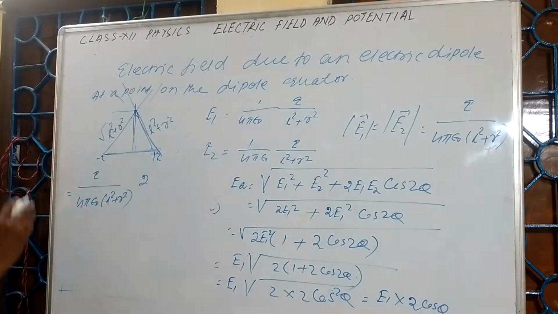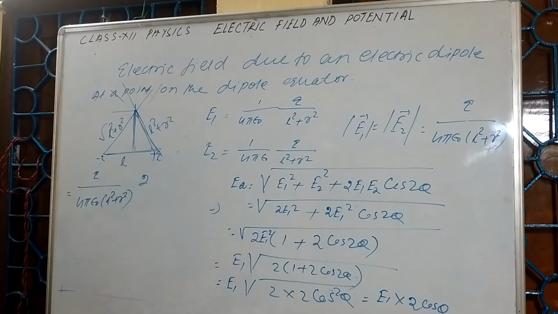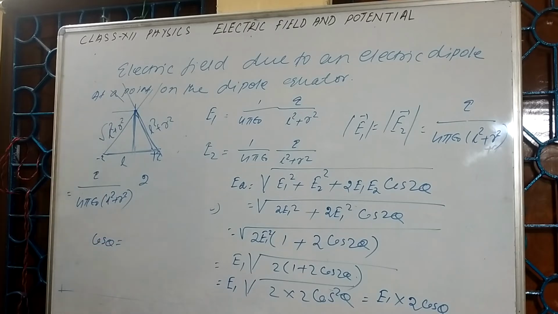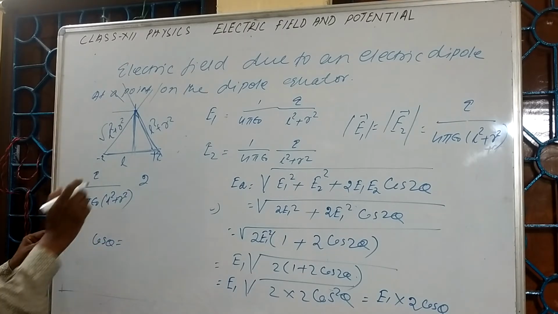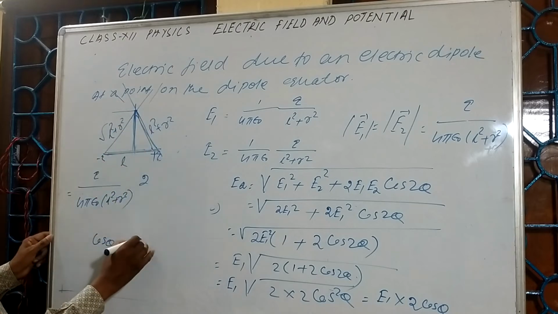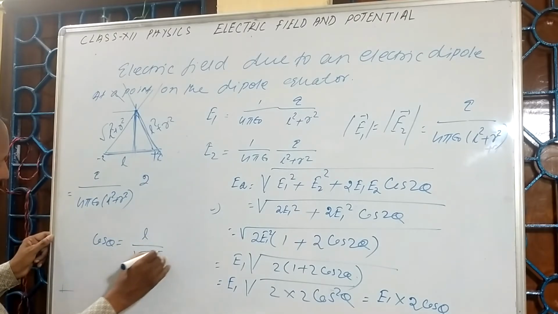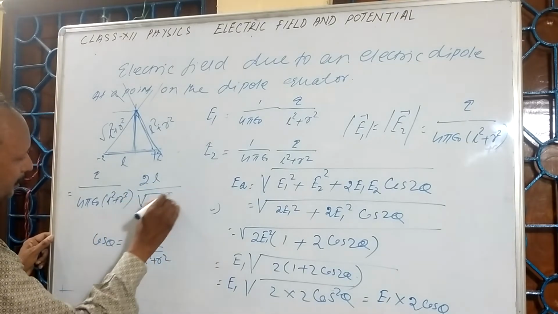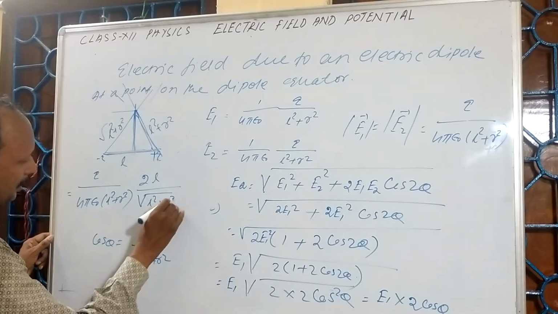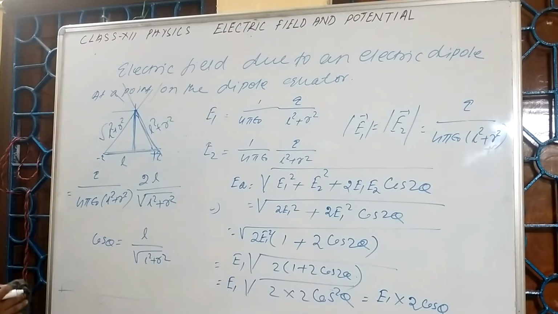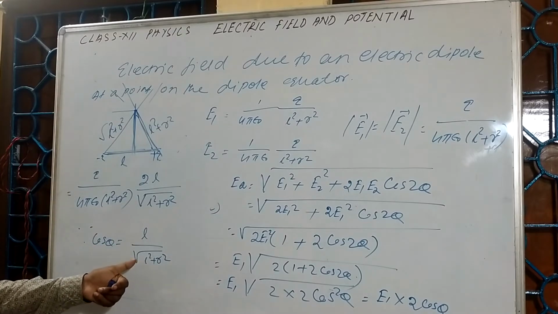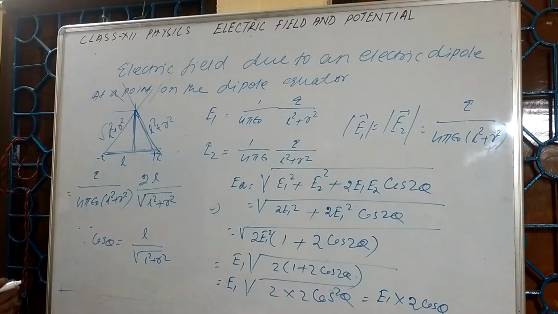here cos theta, this is the L. So cos theta I can write as B by H, meaning L by the square root of L square plus R square. So I can write L upon the root of L square plus R square, since cos theta is equal to L by root over of L square plus R square.